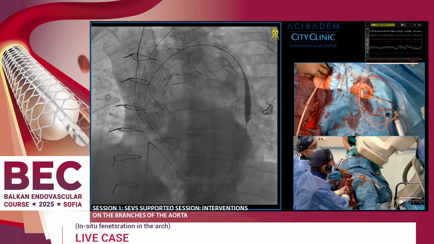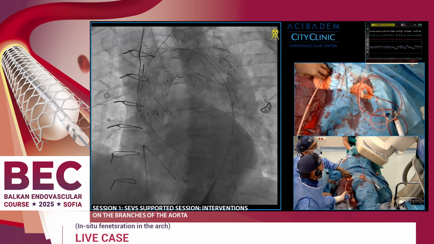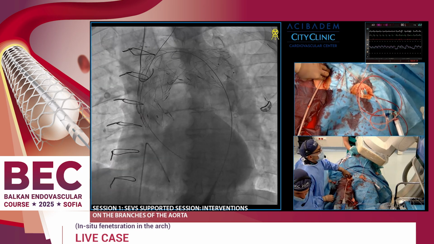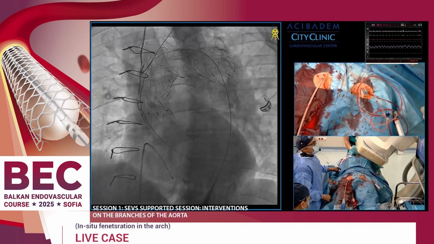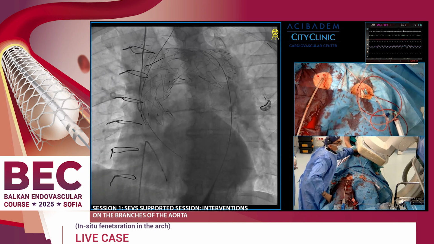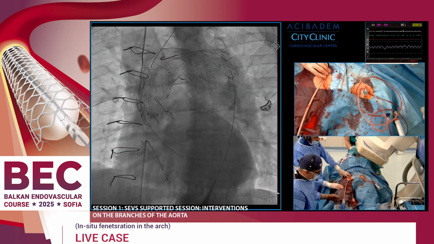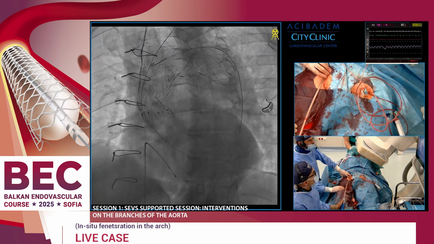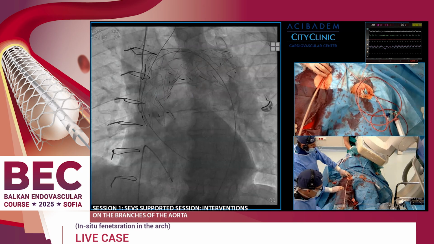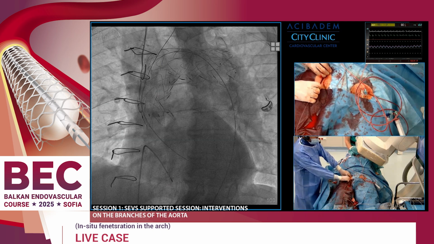We are again in the left ventricle. You see the wire is in the left ventricle. Okay, fantastic. Price tension. Okay, good. We are going to interchange with a 20 French sheath. Once again, please note the pressure.